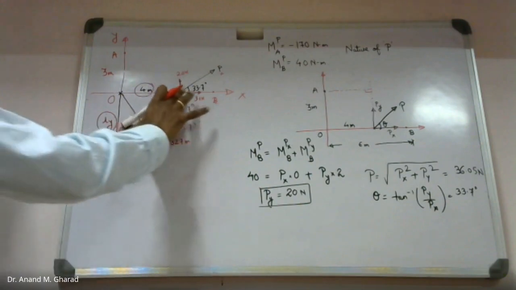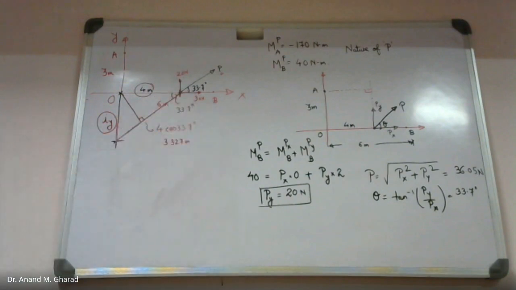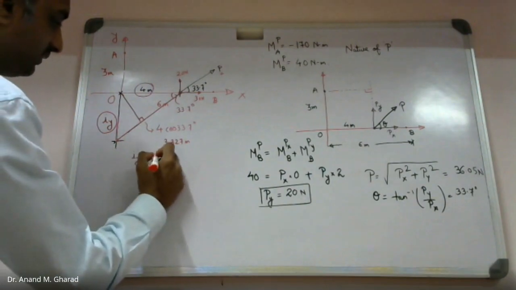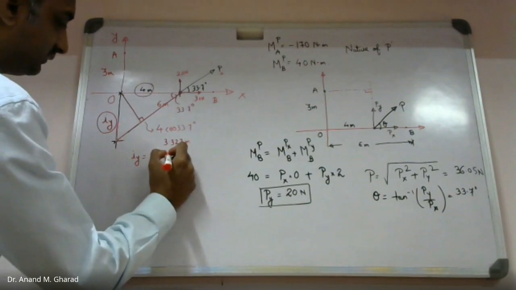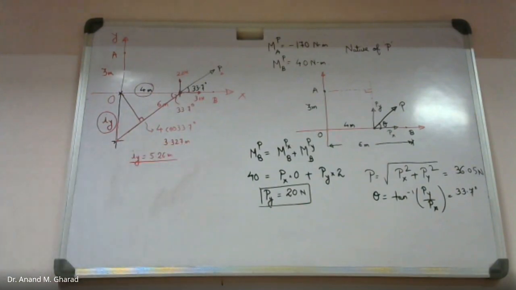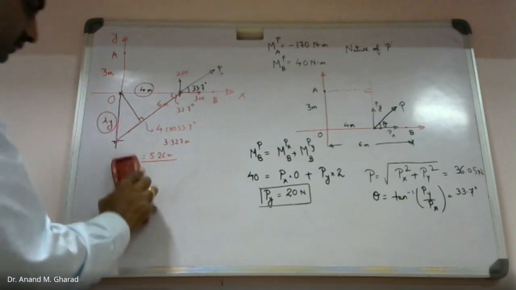This complete distance. Okay, and based on that, you got Iy to be 5 point something, 5.26. Yes. Acha, perpendicular distance is 5.26.